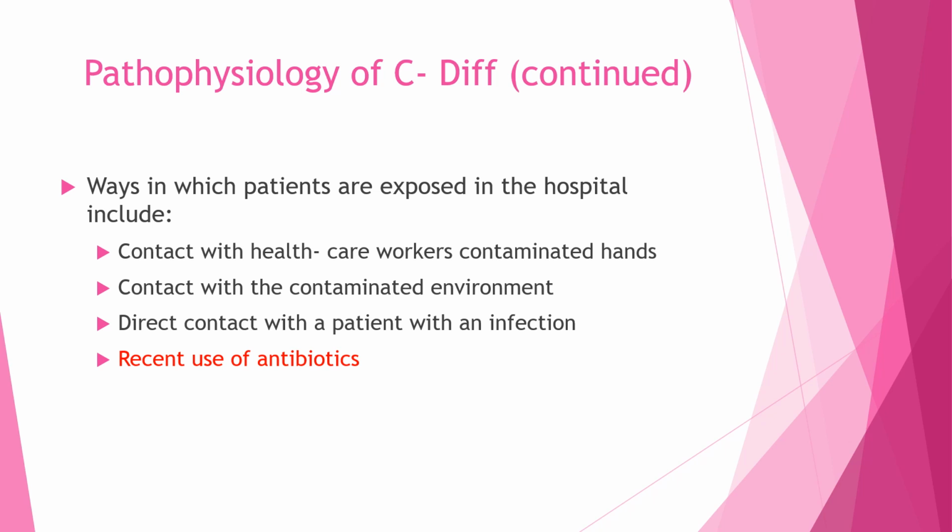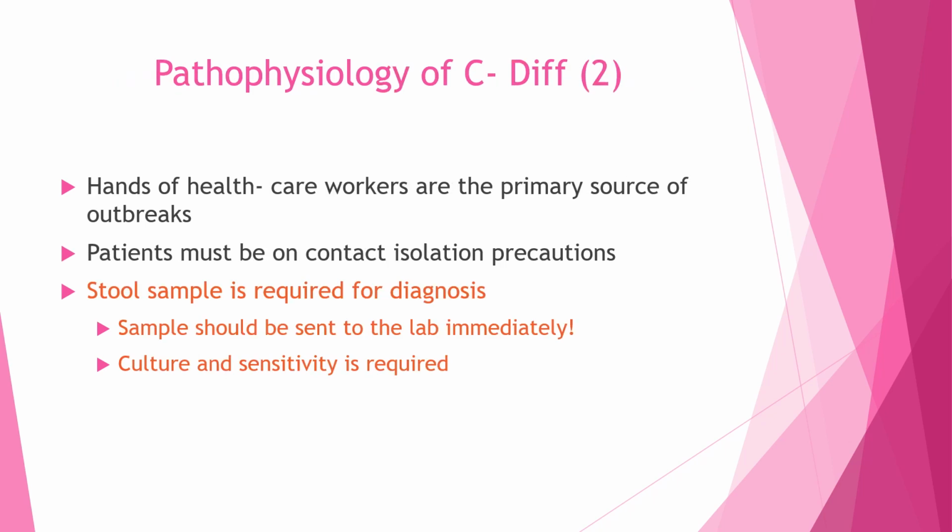And ladies and gentlemen, please pay attention. Again, the recent use of antibiotics. Hands of healthcare workers are the primary source of the outbreak. Patients must be on contact isolation precautions.